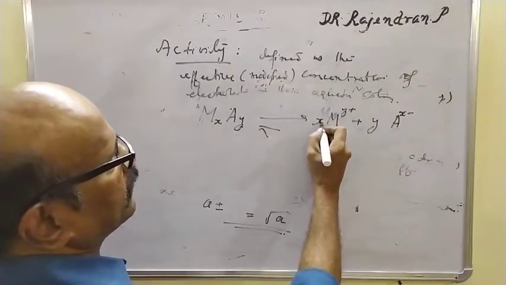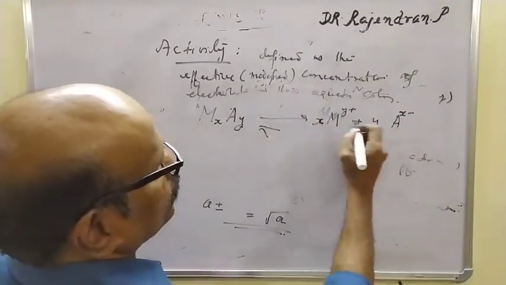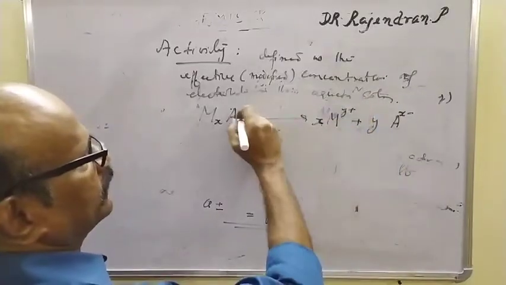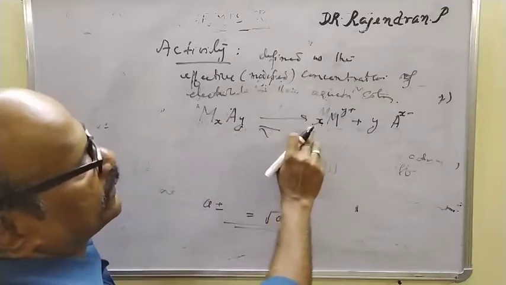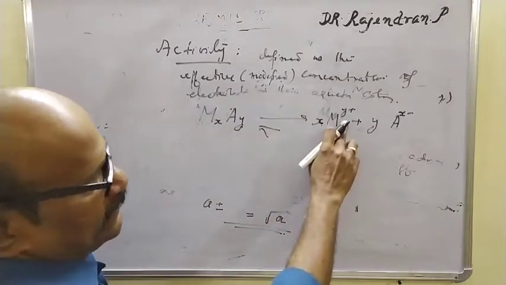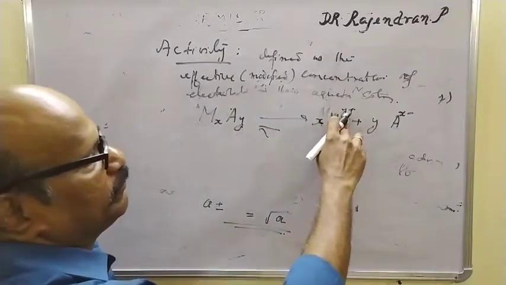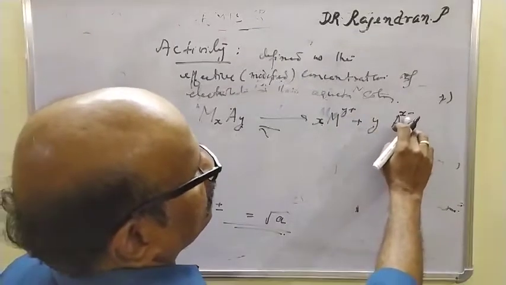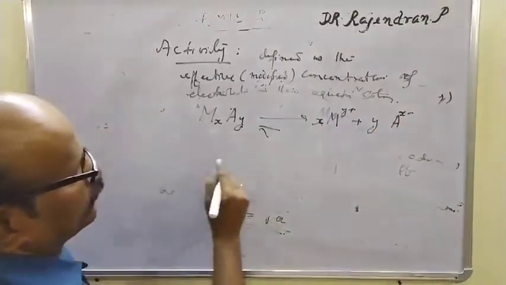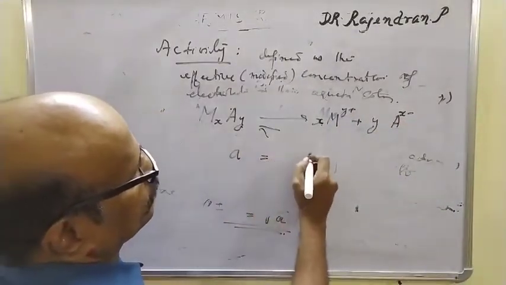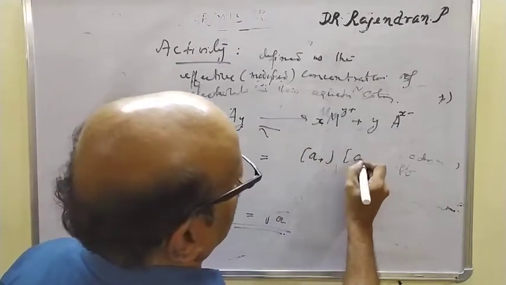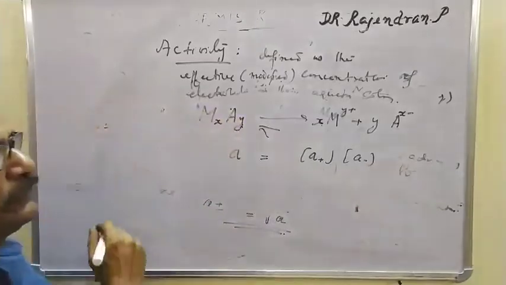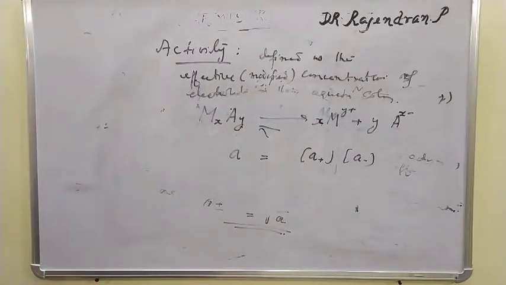This is the number of moles of the ion, and this is the corresponding charge. So this XY electrolyte dissociates into x M plus ions, with charge y plus, and y A minus ions, with charge x minus. Therefore the activity of the electrolyte is equal to a plus into a minus.